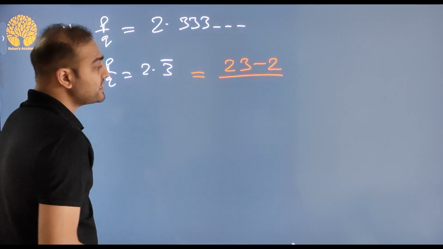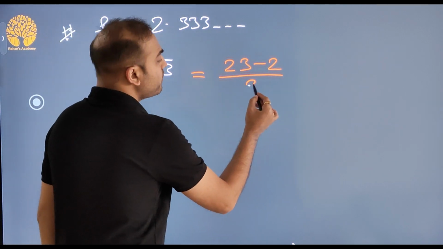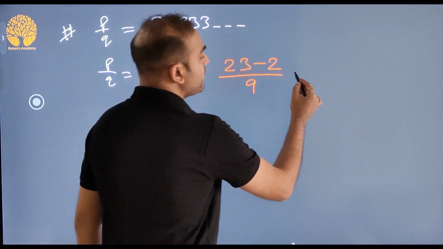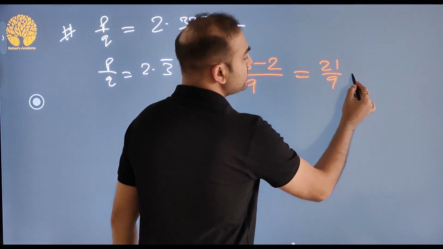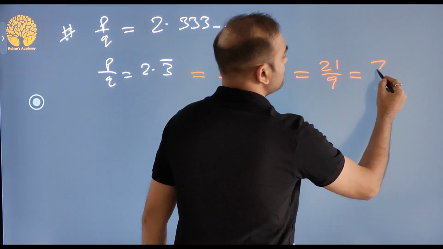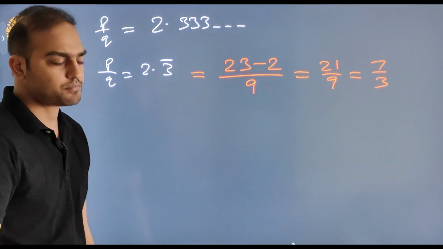But because it's a recurring decimal, instead of 10, divide by 9. So if you solve this, this is 21 by 9, which is what we got there. Simplify that, 7 by 3.